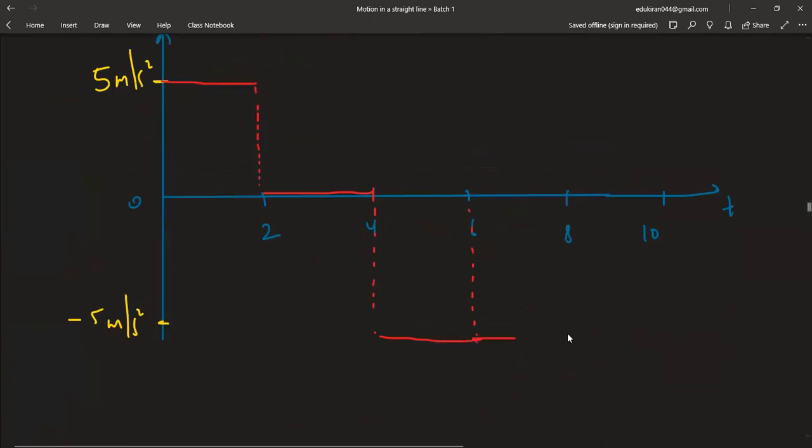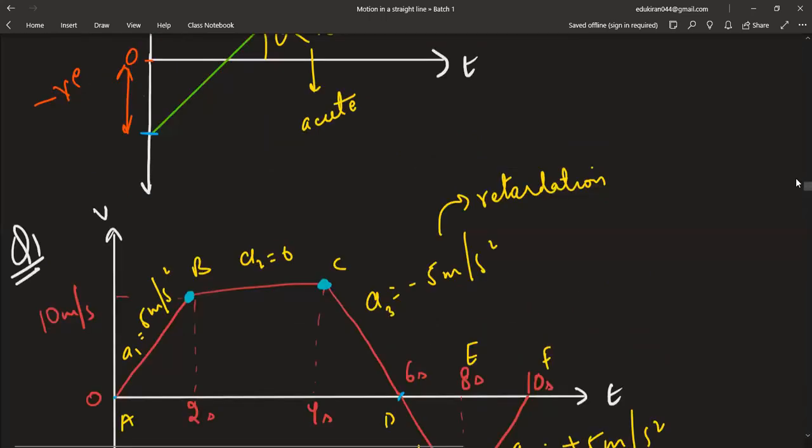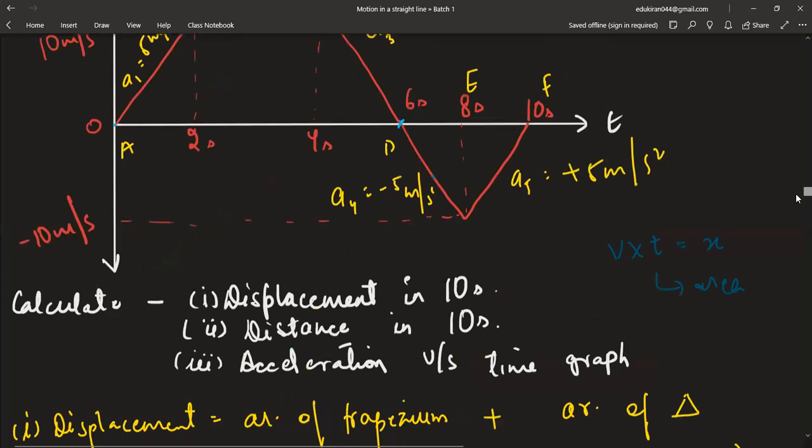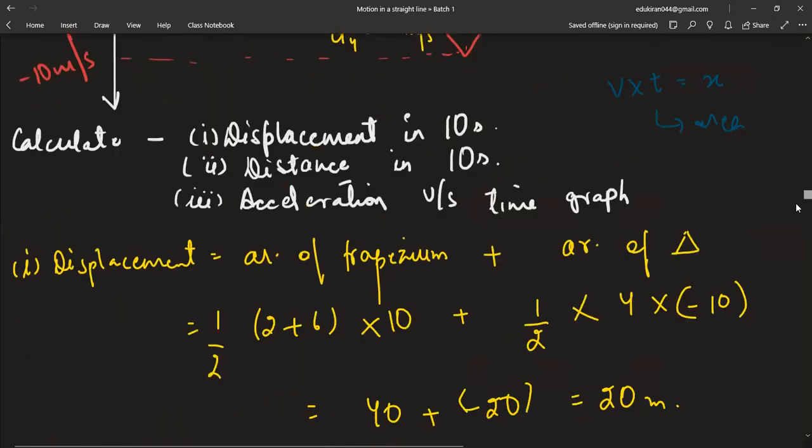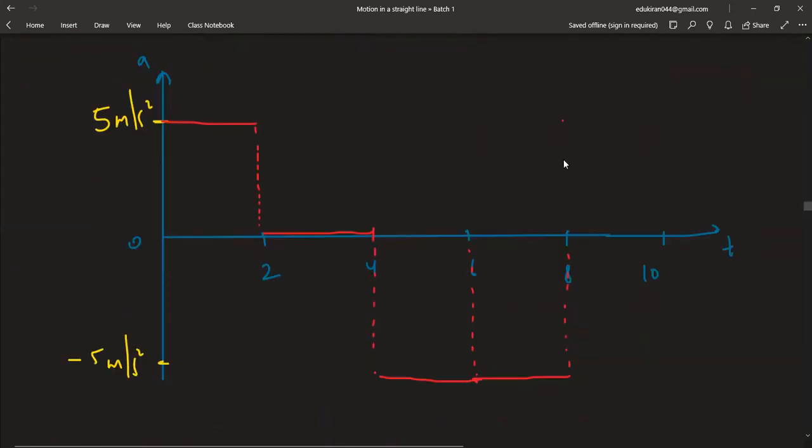So this will be here till 8. And lastly, that was plus 5, and again constant slope. This is how the graph would look.